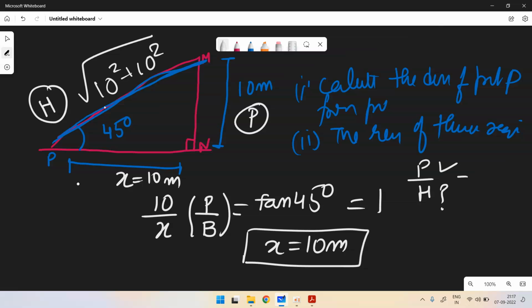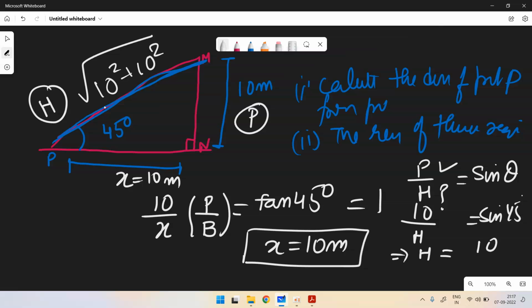P by H is sine theta, that is, sine theta is perpendicular by hypotenuse. Now sine 45 equals 10 meters over H, so H equals 10 by sine 45 degrees.